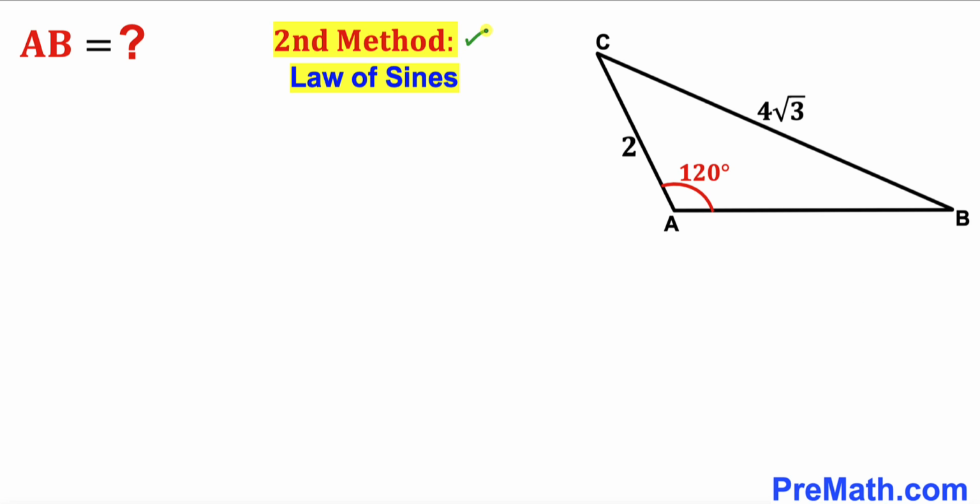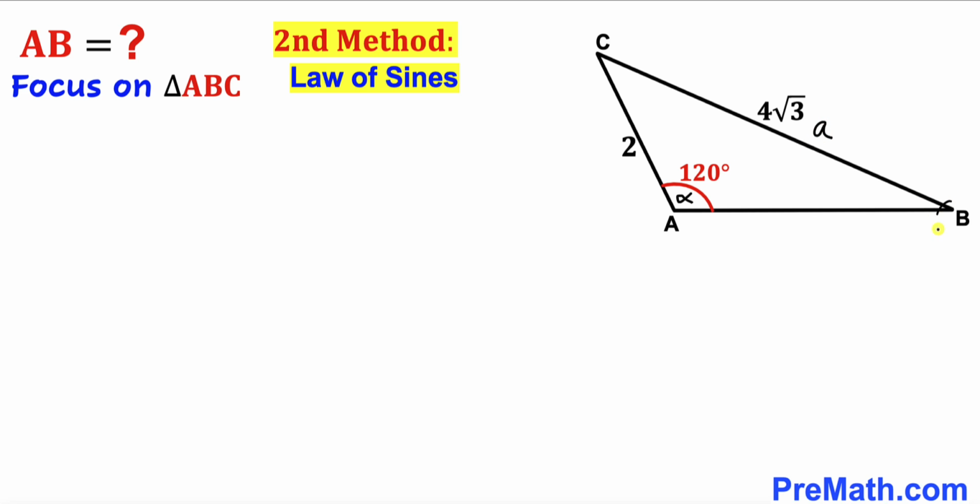And here's our second method, and we are going to find the value of this side length AB by using the law of sines. And now let's focus on this triangle ABC. For this vertex A, I'm going to call this angle alpha, and the opposite side is going to be lowercase a.